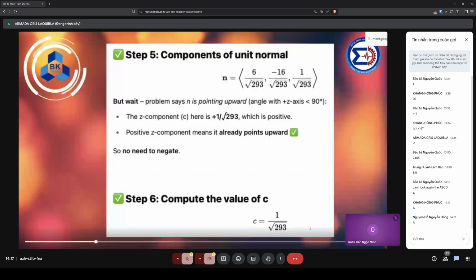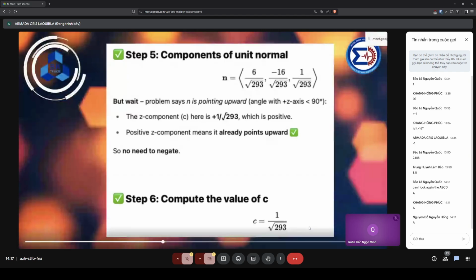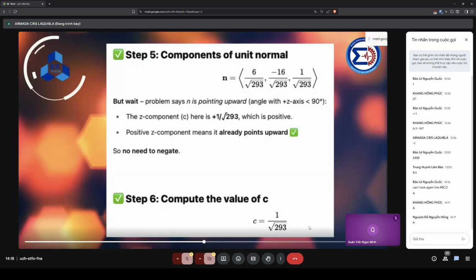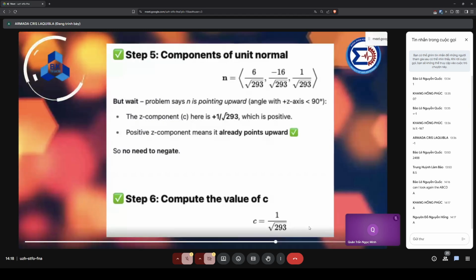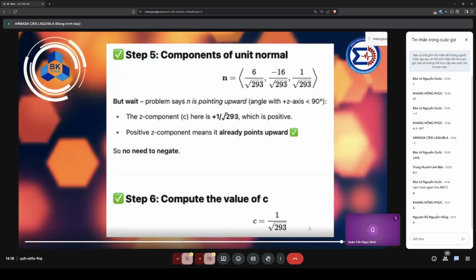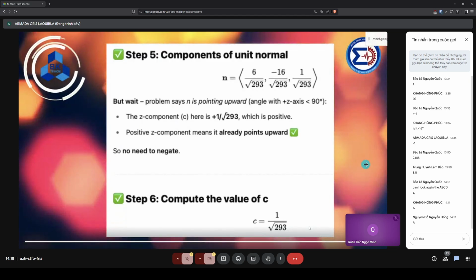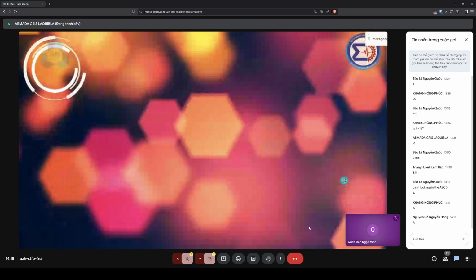Let me check it, because I didn't solve this one also, class, but it's there in the choices. 1 over the square root of 293 is 0.058420, so that's 0.0584. Okay, letter A.